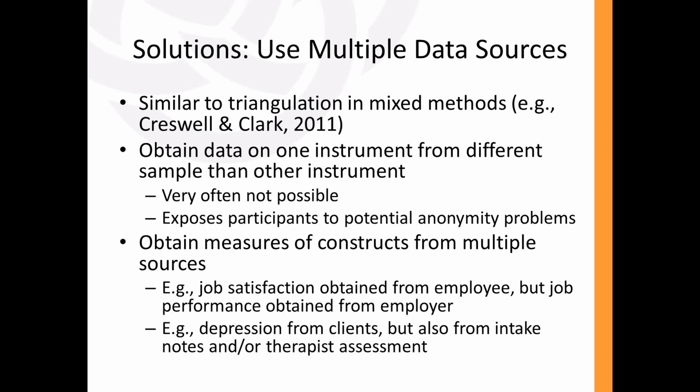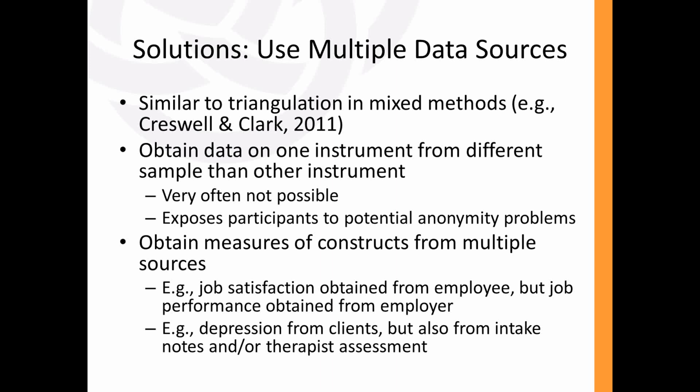Or if that's your target group, you can be looking at employees, you can be looking at managers, you can be looking at whoever. But you get that information from them. And then if the other variable is job performance, certainly it might not be such a good idea to ask them how good they are at their jobs because, again, social desirability, right? But if you have access to their managers, then you can get data from them about the performance variable.